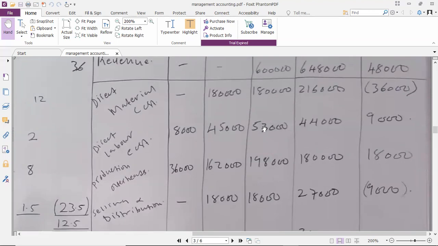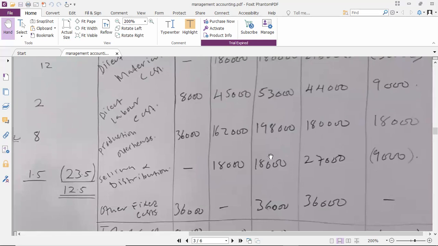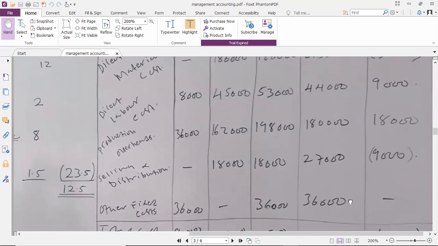Direct labor cost, you want to spend 53 and you spend 44, it is in your favor, 9. Production overhead, you want to spend 198, you end up spending 180, it is in your favor, 18,000. Selling and distribution, you want to spend 18,000 and you end up spending 27,000. It is not in your favor. Other fixed costs, everything cleared, so it is 0.